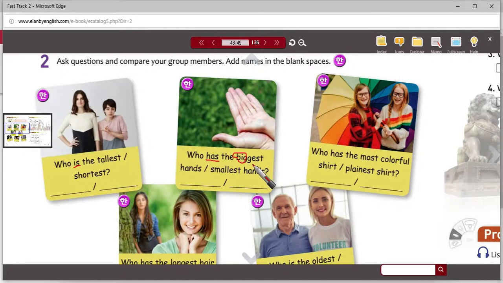So the biggest, notice the extra G. And same thing here. Who has a shirt? Everybody has a shirt. Who has the most colorful shirt? Insu has the most colorful shirt. But Dave has the plainest shirt.